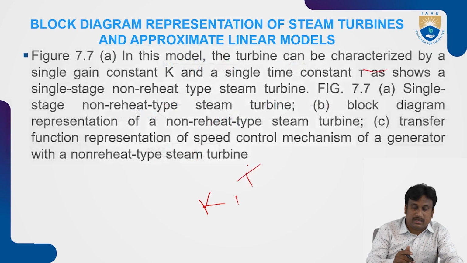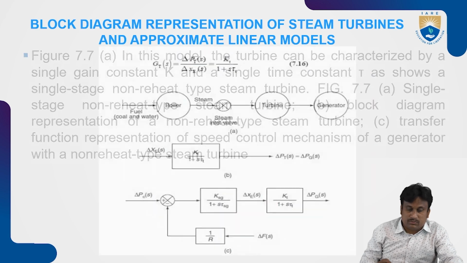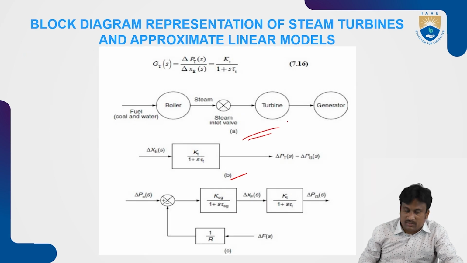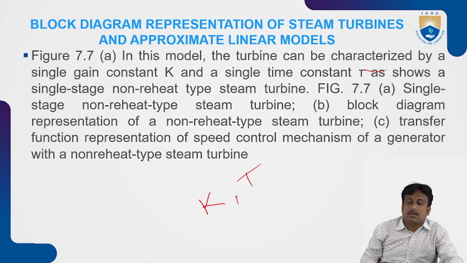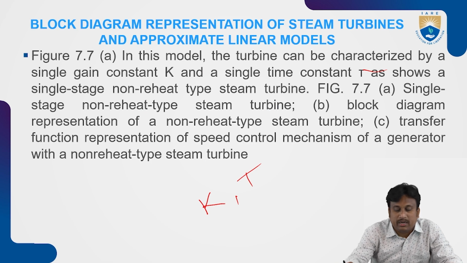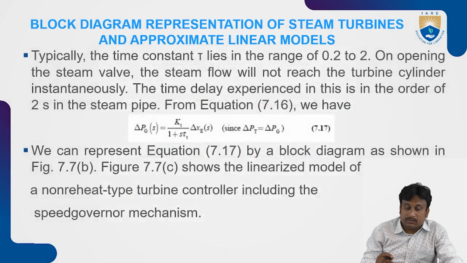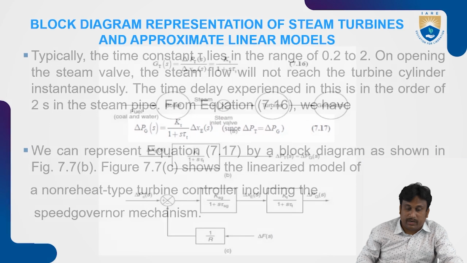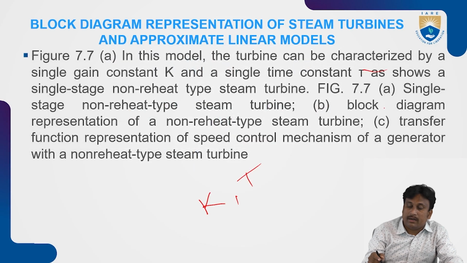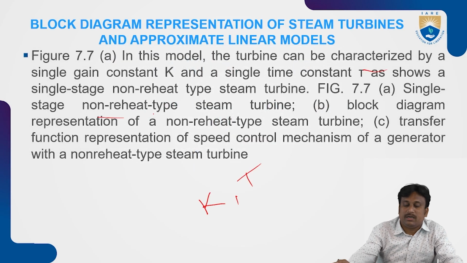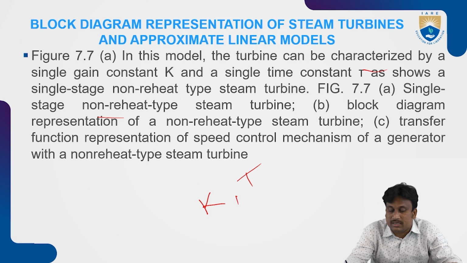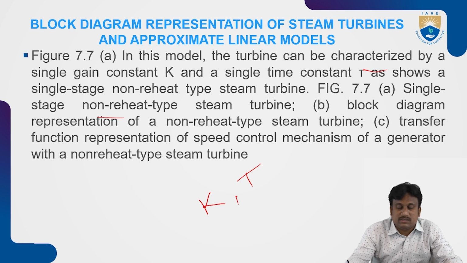The first block is the turbine, characterized individually with respective blocks. The non-reheat type steam turbine is represented with the second block. Likewise the reheat type turbine is maintained usually, and the single stage non-reheat type turbine is the non-reheat type steam turbine.